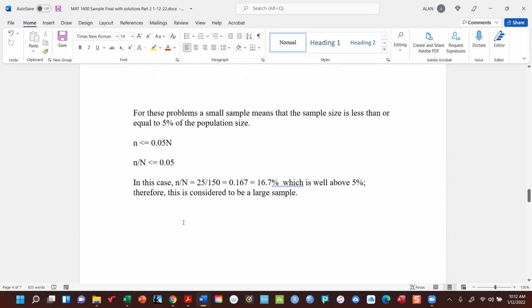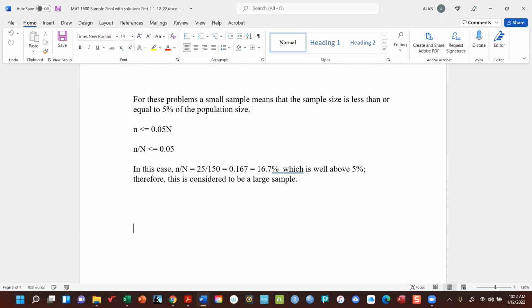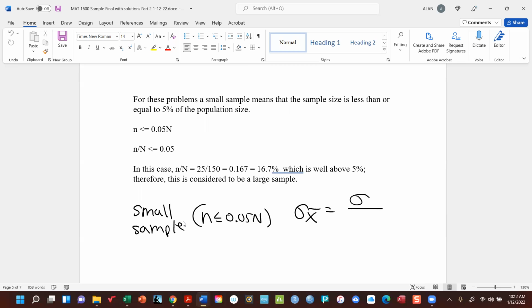So if we remember, for a small sample, this expression equals the population standard deviation divided by the square root of n, the sample size.